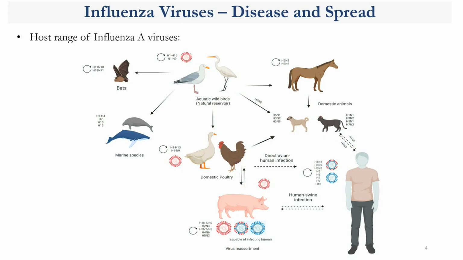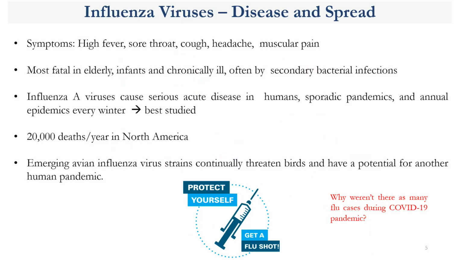So first thing, let's look at the disease and spread. Symptoms are high fever, sore throat, cough, headache, and muscular pain. Almost everyone here probably has had flu at some point in their life. It's not pleasant, okay?